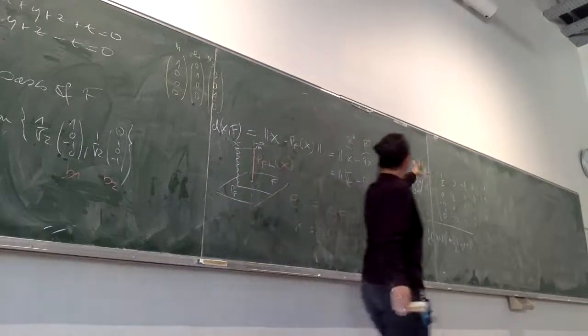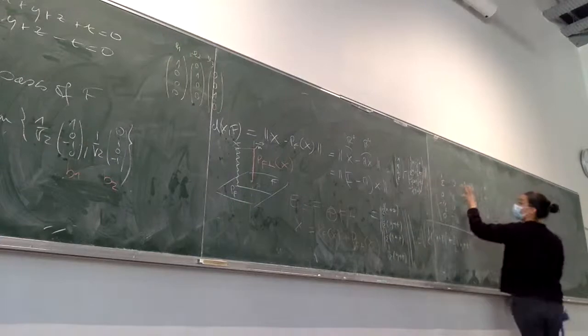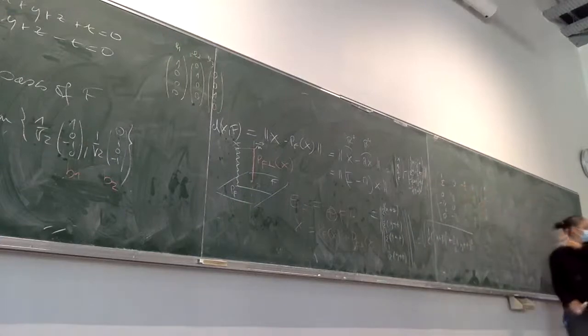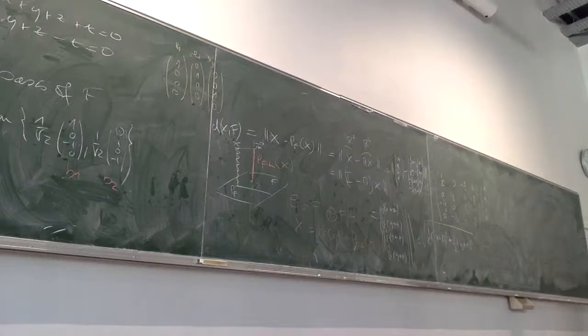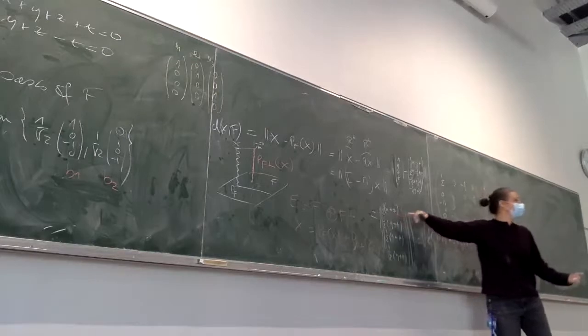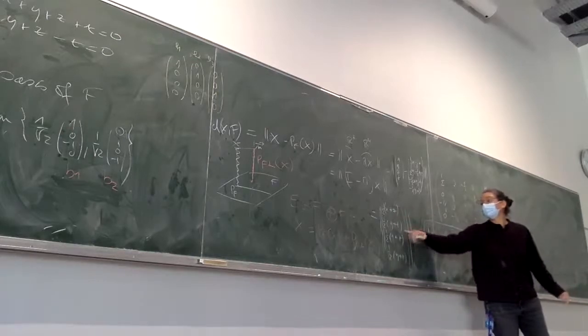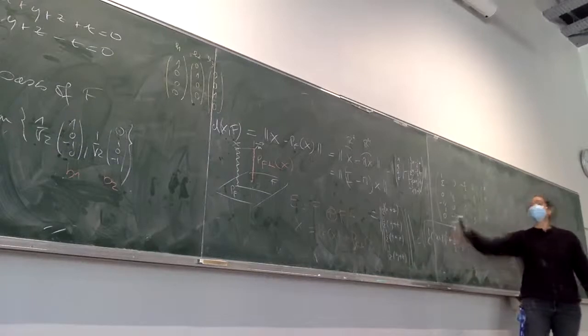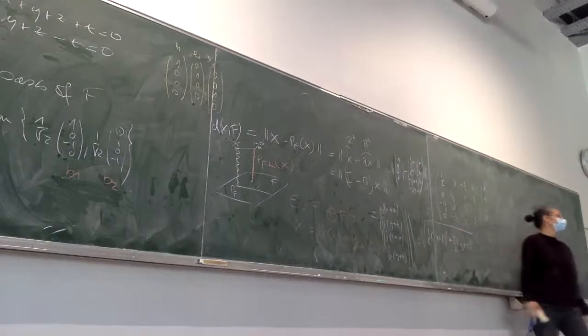I obtained this by doing this matrix vector product, and then I compute the norm. I get 1/4 of (x plus z) squared, 1/4 of (y plus t) squared, another 1/4 of (x plus z) squared, so that together they make 1/2.